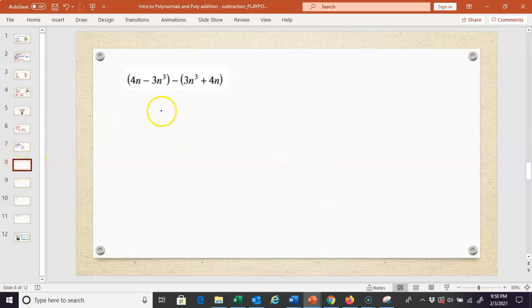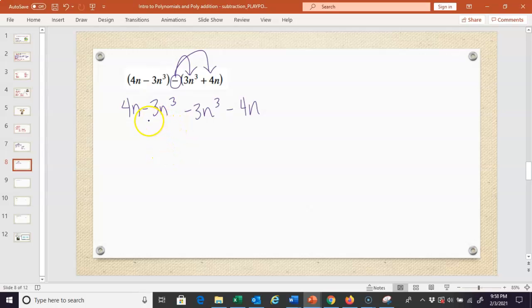All right, here's another example you guys should try. These negatives can get a little funky sometimes, so it's good practice. We're going to have 4n minus 3n cubed, -3n cubed, and a -4n. There we go.